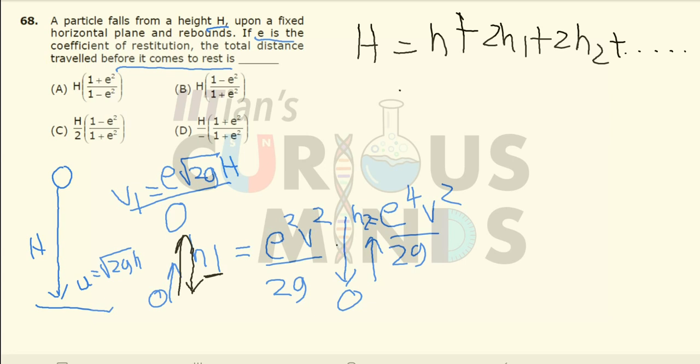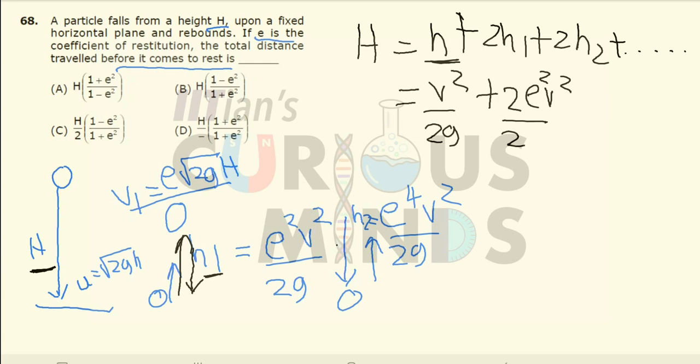If I write down the value, it will be equal to the initial height travelled, let it be h, which will simply be equal to v square divided by 2g, plus, for the rest of the terms, I can take 2 e square v square divided by 2g common.